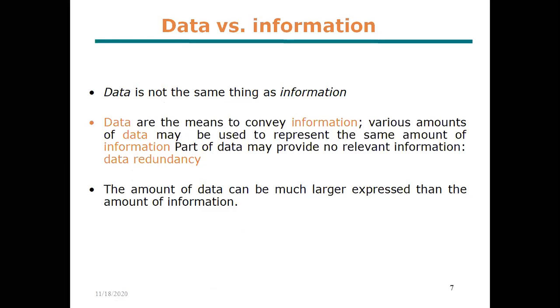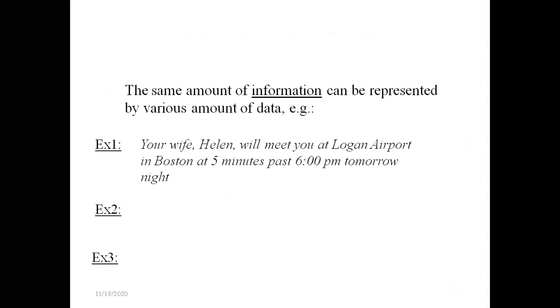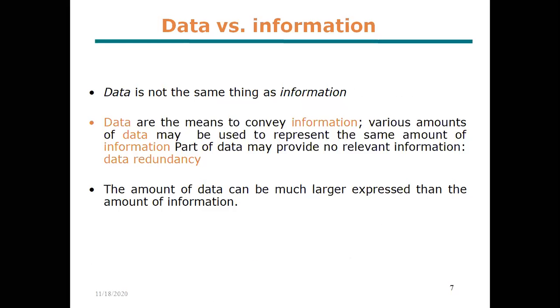Okay, part of the data may provide no relevant information, because if you compare, in the first example, some of the information is not relevant. That can be called irrelevant data or redundant data. That data is not required to convey the information. So that data is called redundant data or data redundancy.